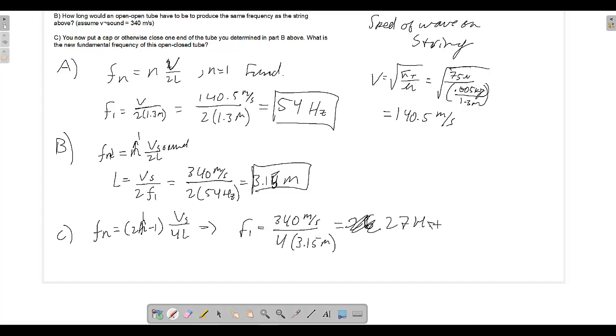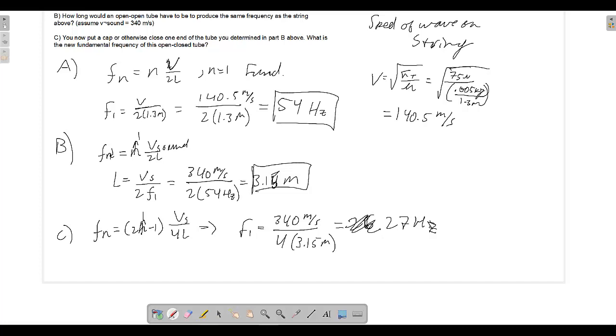27 hertz, even lower. Those of you that did instruments, that did the panpipes, like half of you, will have noticed that if you closed off the panpipe, it made a lower sound than the open panpipe.